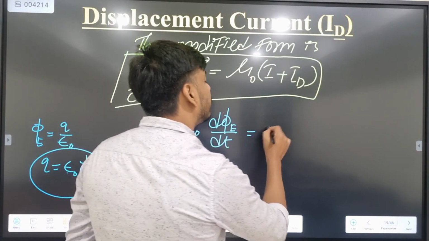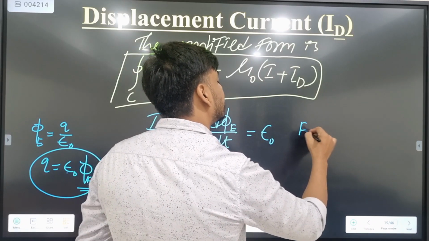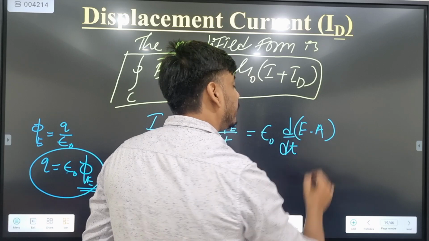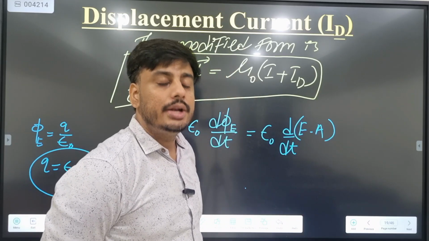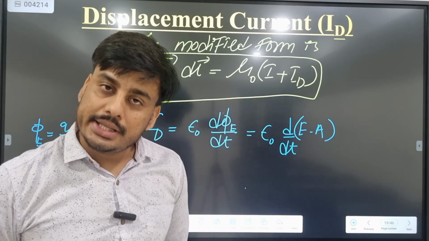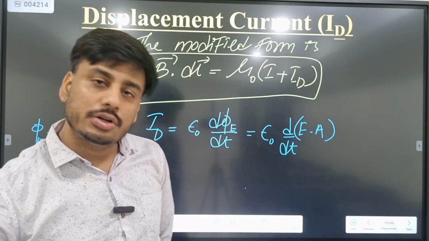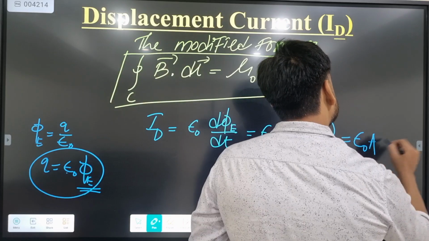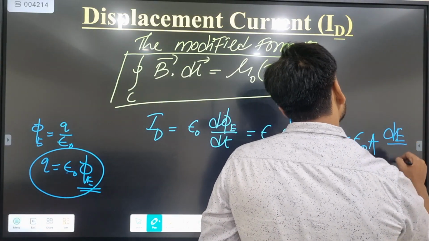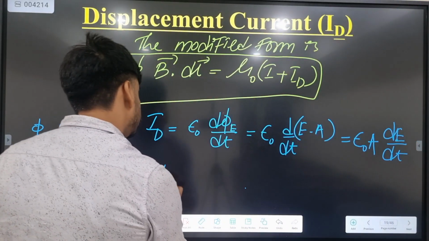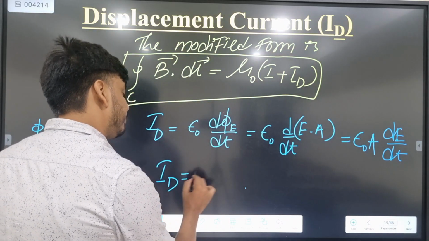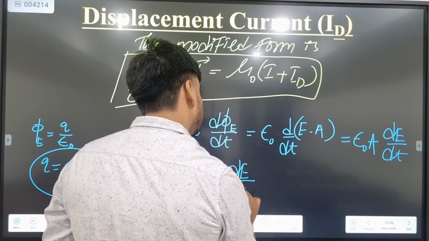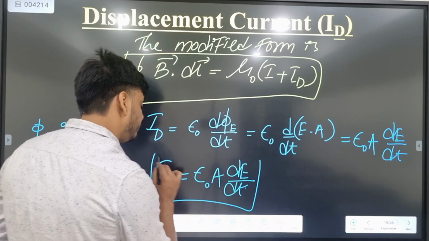Again we know that flux is the dot product of electric field and area. So E dot A will be EA cos theta. If both are along the same direction, theta is 0 and cos 0 is 1. So the area, a constant quantity, we can take outside, leaving dE by dt. So this is the displacement current formula: epsilon naught A dE by dt, the rate of change of electric field.